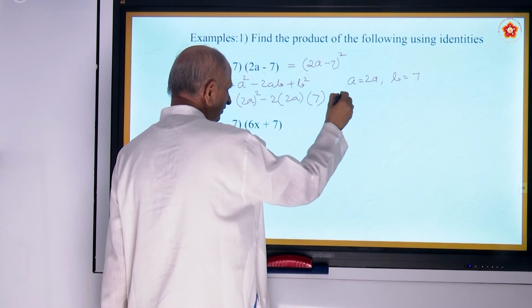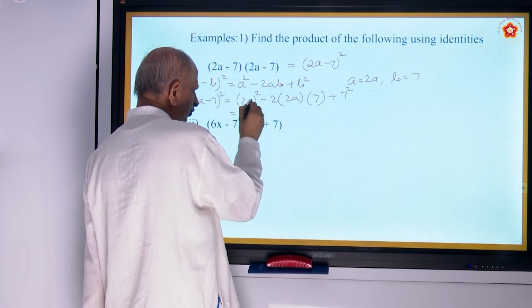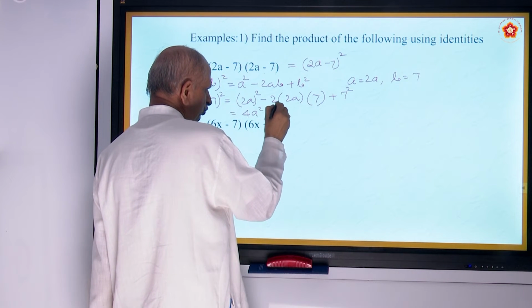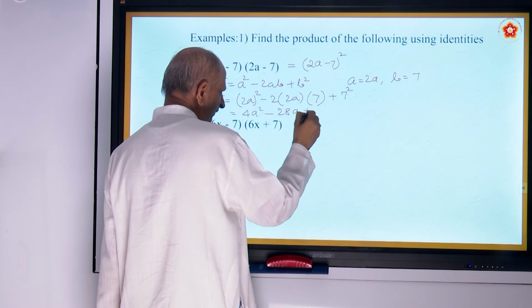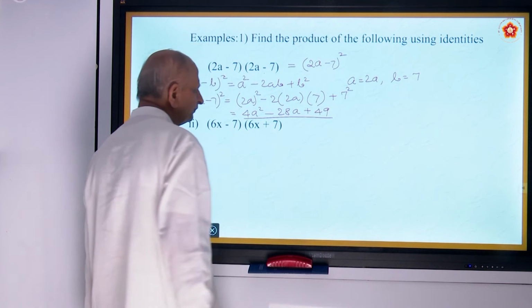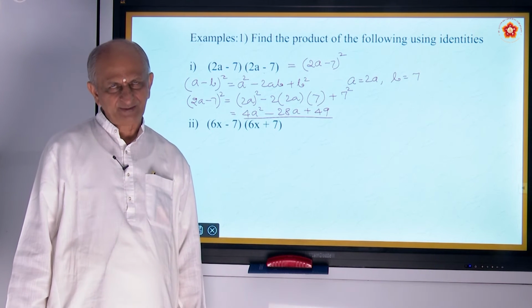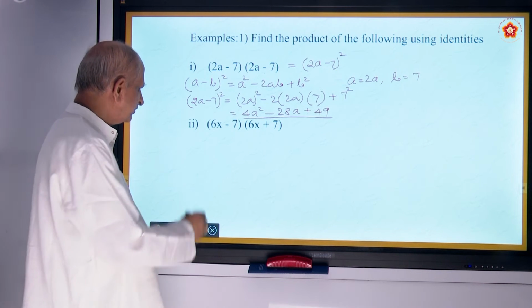And B square is 7 square. So you have 2A whole square, that is 4A square, minus 2 into 2A into 7, that is 28A, plus 7 square is 49. 4A square minus 28A plus 49. Okay. Come on, next question.